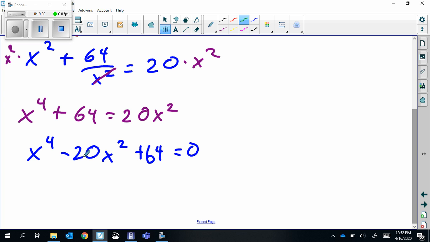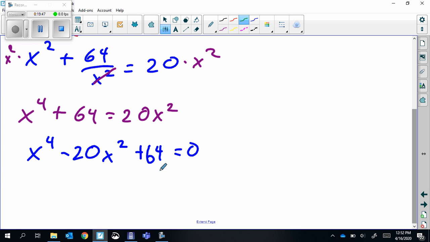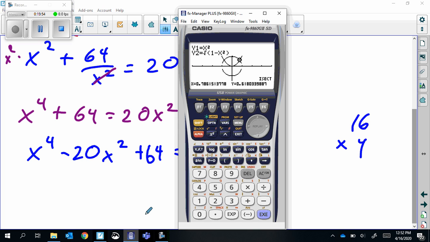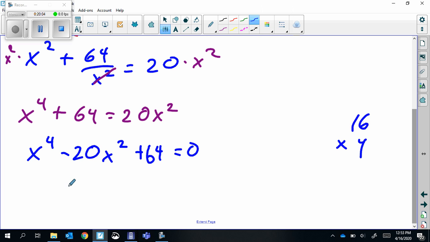Two numbers that multiply to 64 and add to 20. Let's see, 8 and 8, 16. How about 16 times 4? That is 64, and 16 and 4, if they're both negative, that'll work. So that's x squared minus 16 and x squared minus 4.